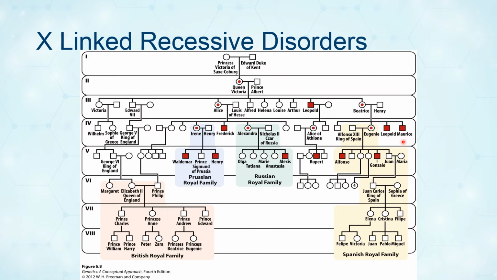This is a chart of the royal families of Europe leading up to the conflict of World War I. What you'll notice is that this is a chart of the transmission of hemophilia. Queen Victoria of England was a carrier for hemophilia, and she passed that trait through her children who married into the royal families of Europe.